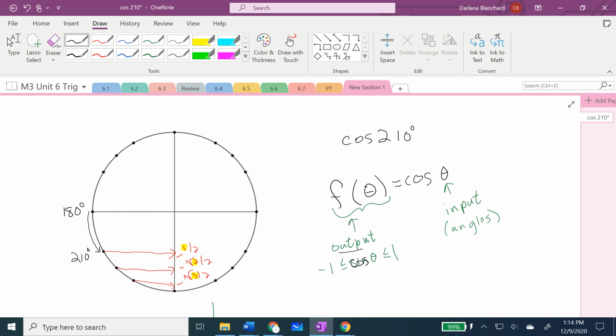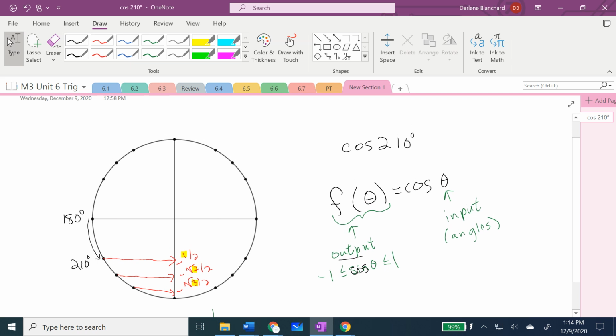So as I look at 210 again, but this time I ask what is the cosine, I'm actually asking what is the x-coordinate of this point. If I look at it in relationship with the other unit circle special angles, I can see as I go away from the origin on the negative x-axis, I hit one of them away, 2 of them away, and 3 of them away. 1, 2, 3.